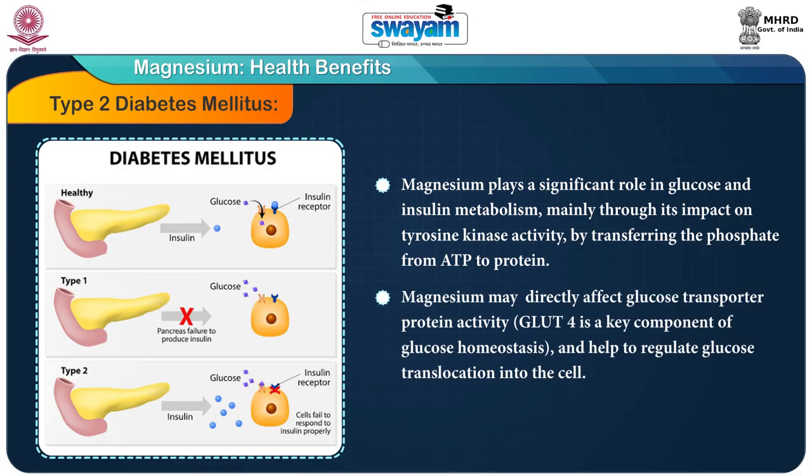In addition, magnesium may directly affect glucose transporter protein activity, which is known as GLUT4. This is a key component of glucose homeostasis, and thereby it helps to regulate glucose translocation into the cell by virtue of this protein.